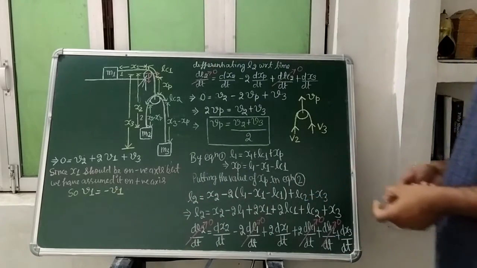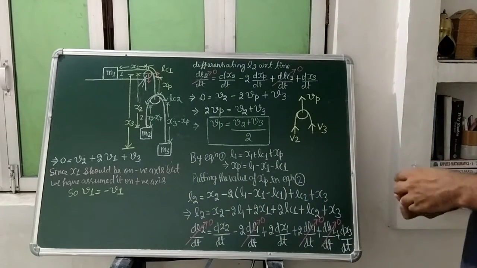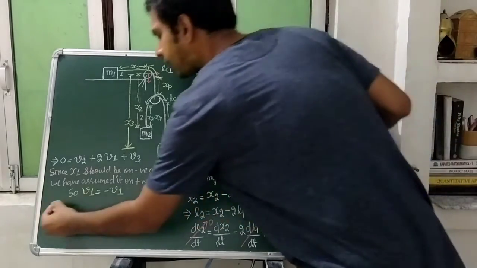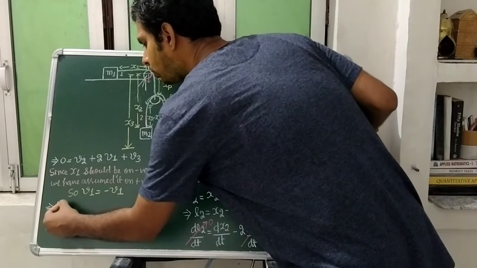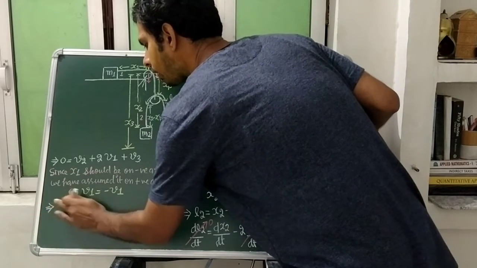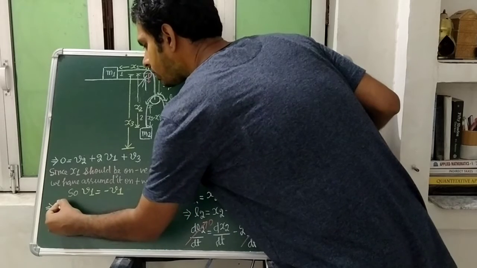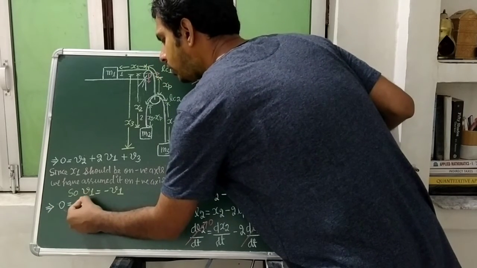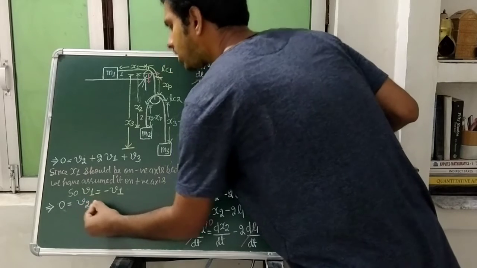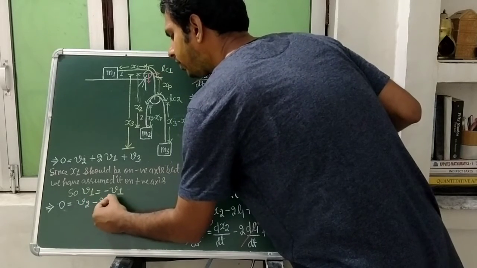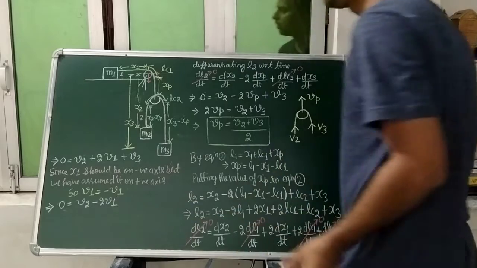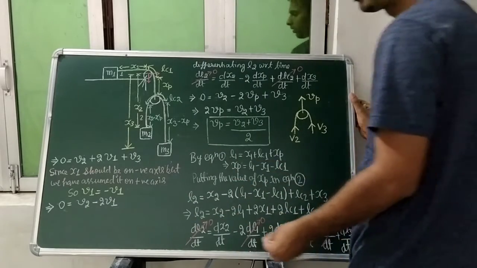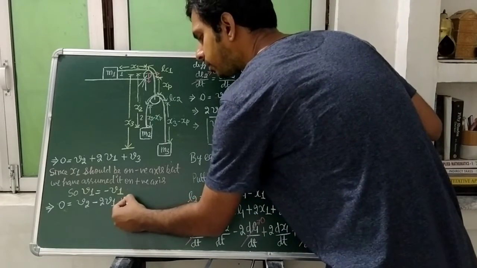So this 0 should be equal to V2 minus twice V1 plus V3. If V1 is minus V1, it will become minus twice V1 plus V3.